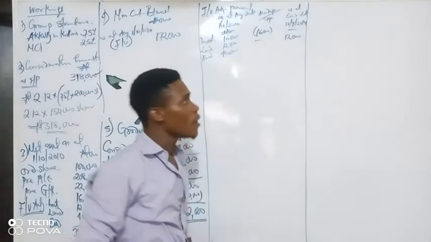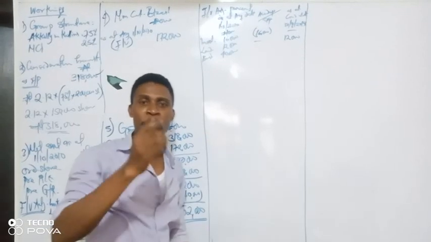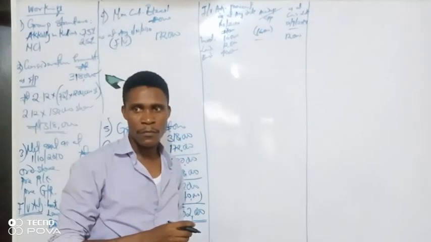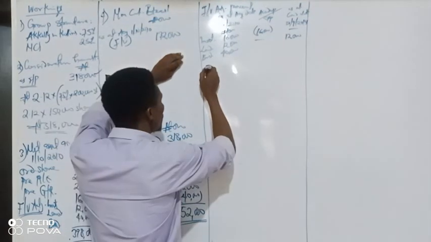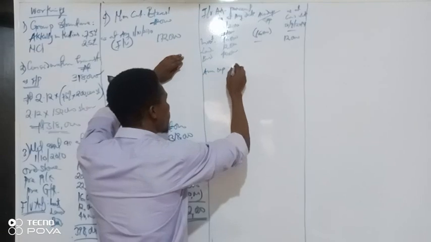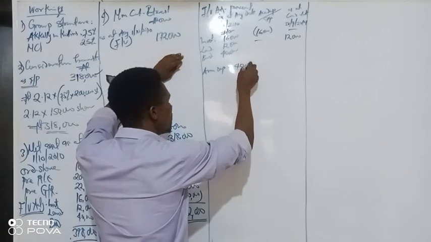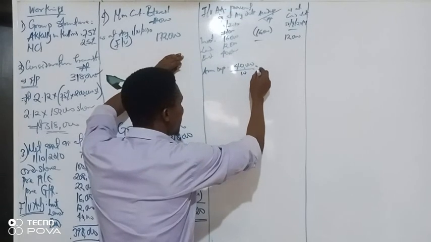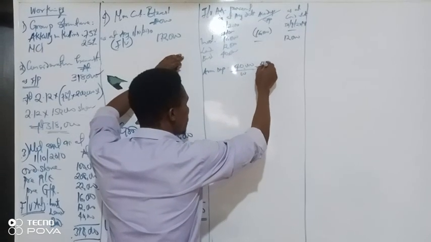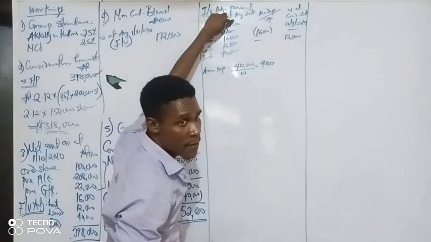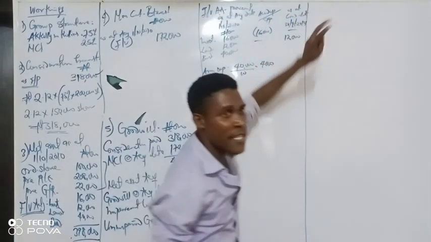But for the building, it's a depreciable asset. So you have to calculate your annual depreciation. 40 million over how many years? 10 years. So that is 4,000 per year. From 2010 to 2014, how many years is it? 4 years.